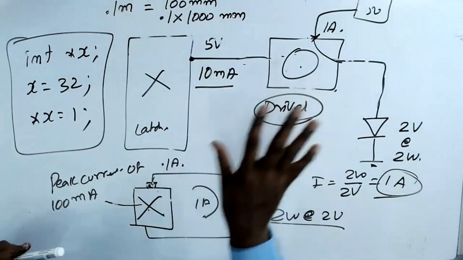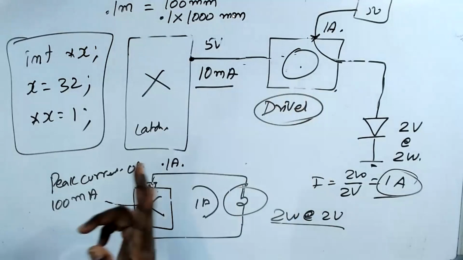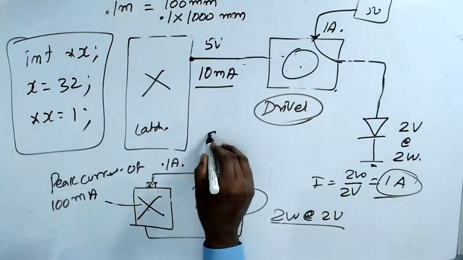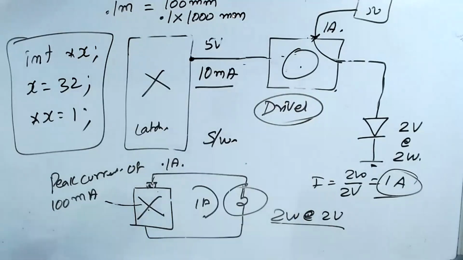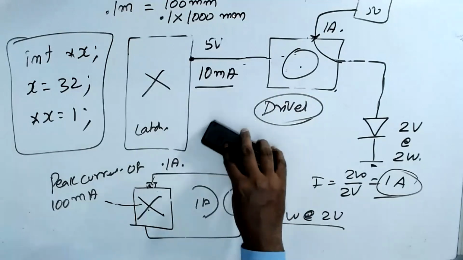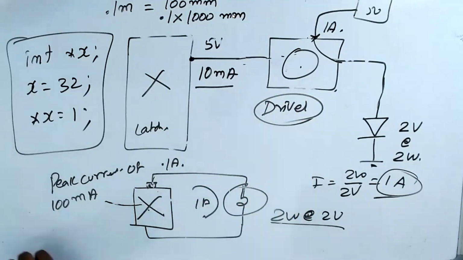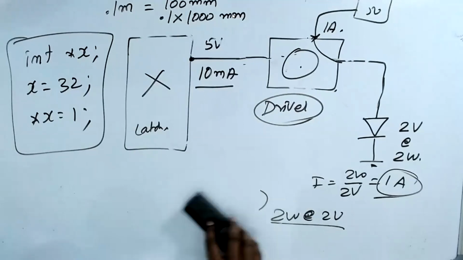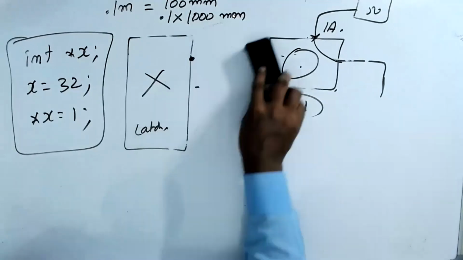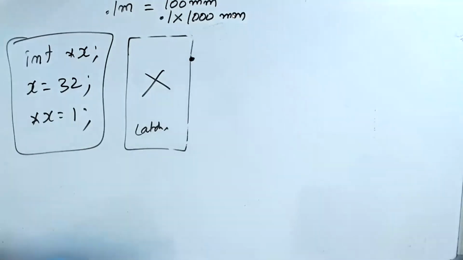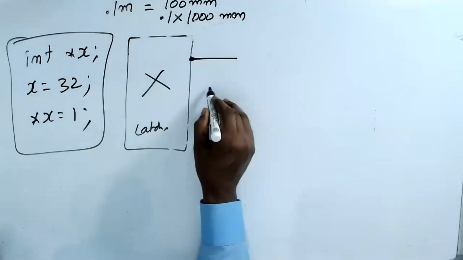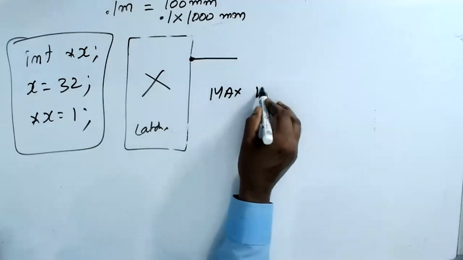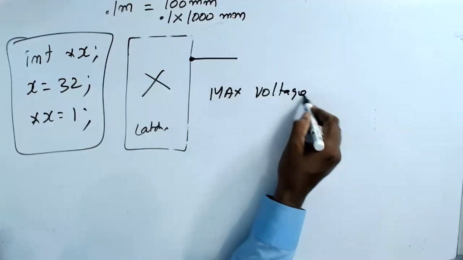Both are the same. There is another driver called a software driver. Don't confuse that. We will discuss later what software drivers are. Now this is a hardware driver. So the matching is very, very important. You should know the pin's maximum voltage and maximum current.